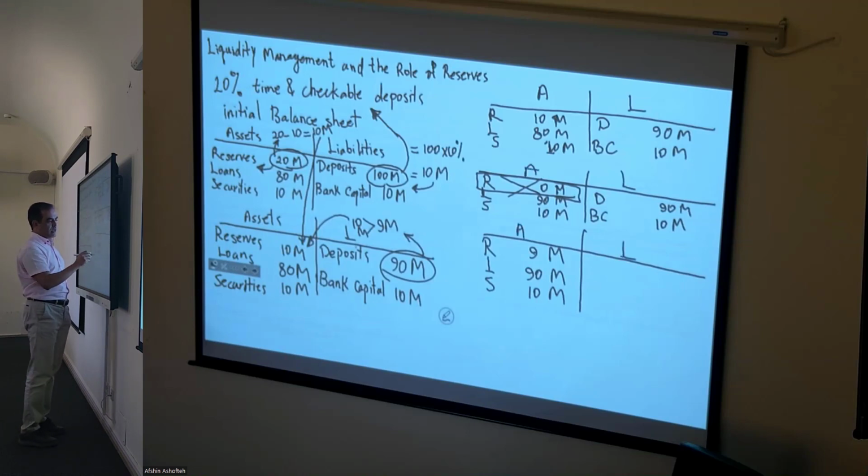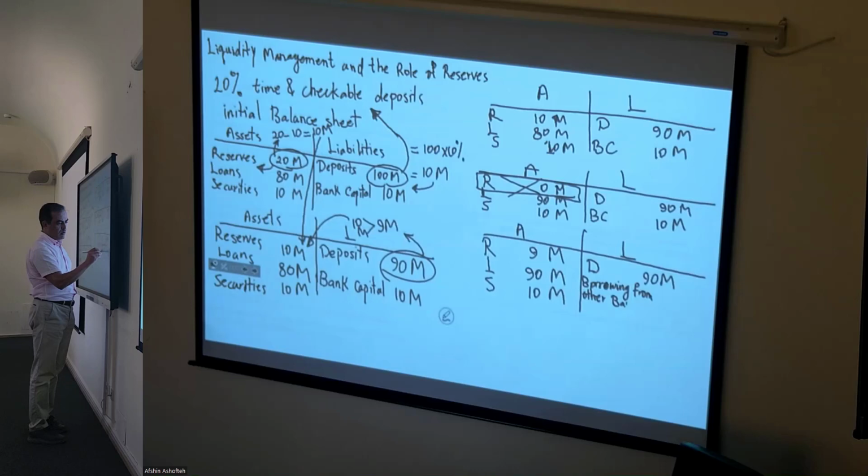On the liability side, we would have what? The deposits 90 million, okay? But now we have the borrowing from other banks, that is this amount, that is now the reserve, so 9 million here, and the bank capital is also how much?